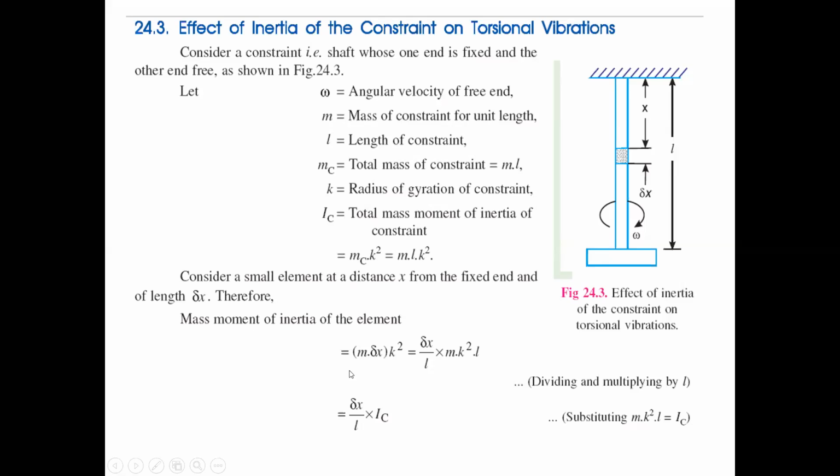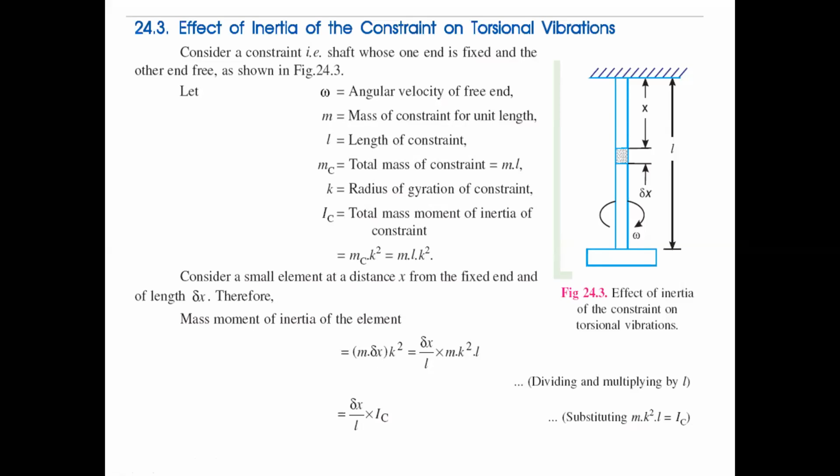So moment of inertia equals m into delta x into k square. That equals delta x by L into m k square L, so dividing and multiplying with the L.